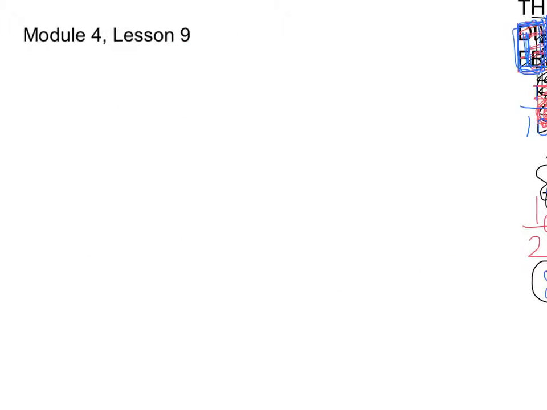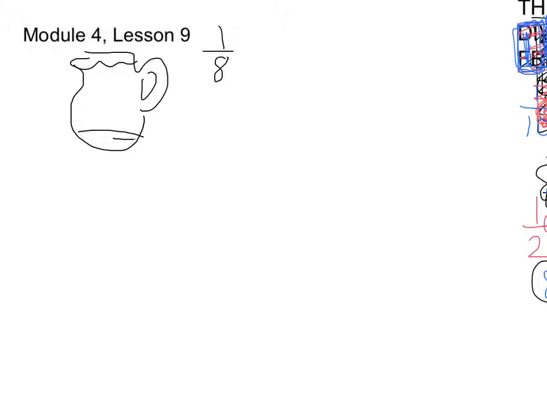I always like to wrap up with a little word problem. Let's say we've got a glass pitcher. See if I can draw that. Yeah, a glass pitcher, and it's full of water. 1/8 of the water is going to be poured equally into 2 glasses. And I want to know what fraction of the water in my pitcher is going to go in each of those glasses.